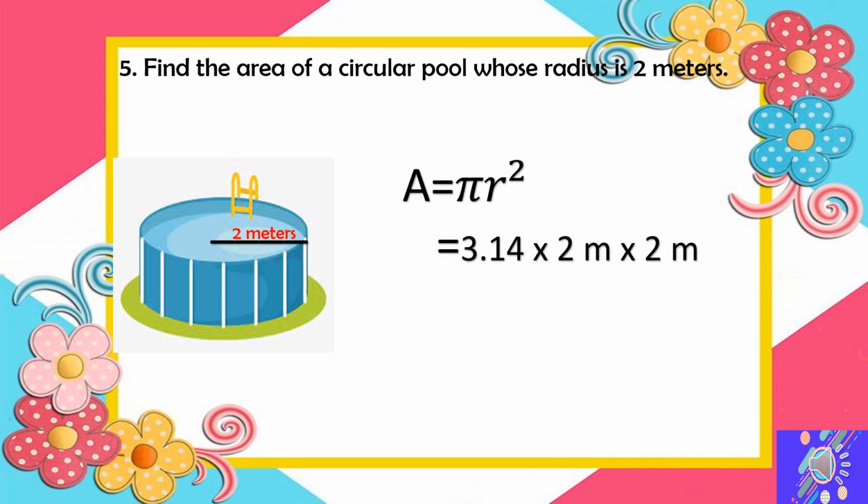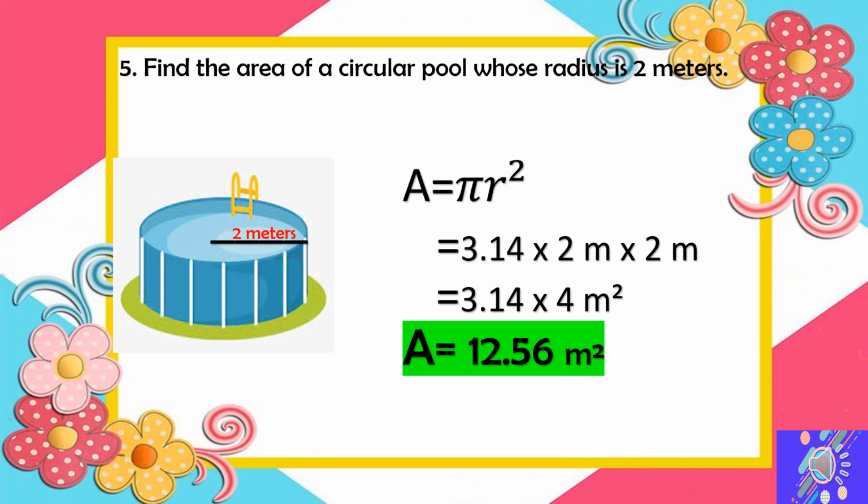Let us now substitute the value of pi, which is 3.14, times the radius, 2 meters, times 2 meters. When we multiply 2 times 2, we have 4 square meters. So when we multiply 3.14 by 4 square meters, the area of the circular pool will be 12.56 square meters.